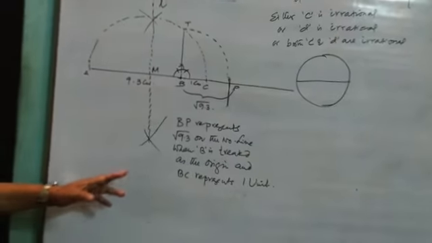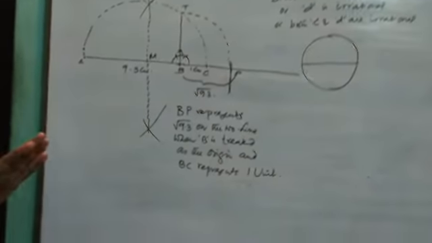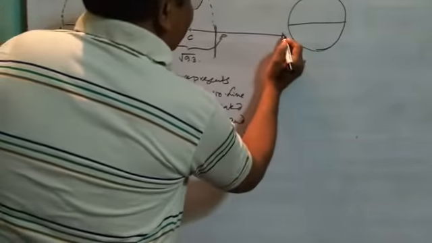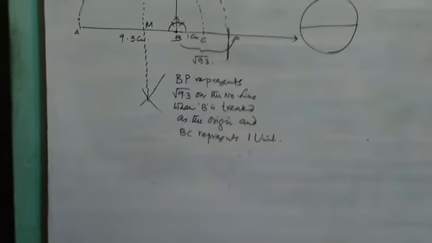So this is the thing. Once again let me describe the thing. We have to plot under root 9.3 on the number line.